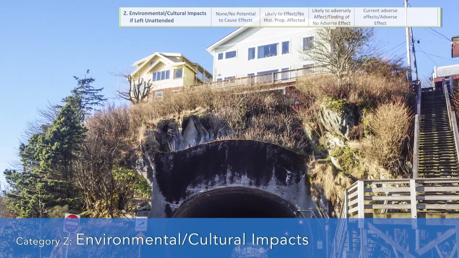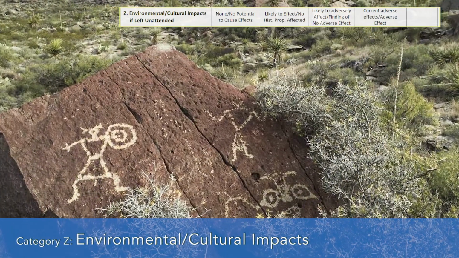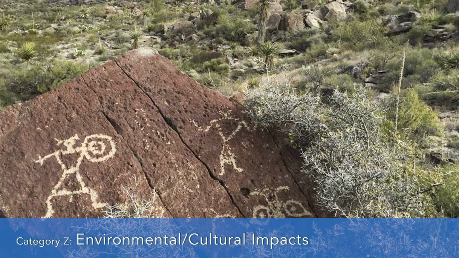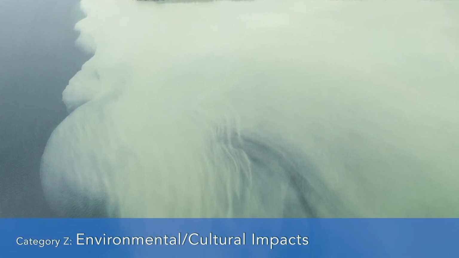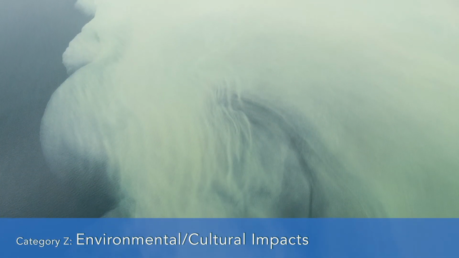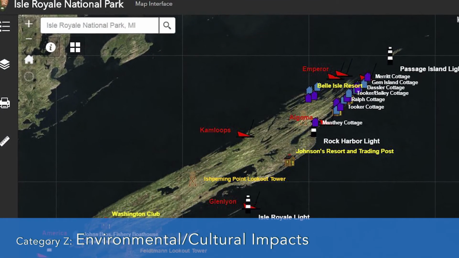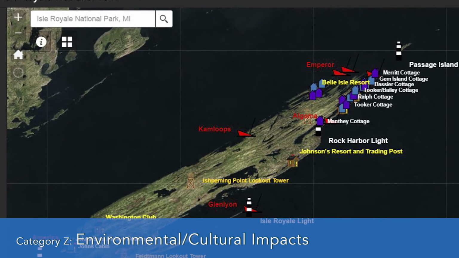Category Z is the next risk rating. This evaluates the likely impacts to environmental or cultural features if the slope is left unattended. These impacts may be to the environment or cultural resources and can include siltation of streams, culvert plugging, fish passage, habitat damages, or damage to historic features.